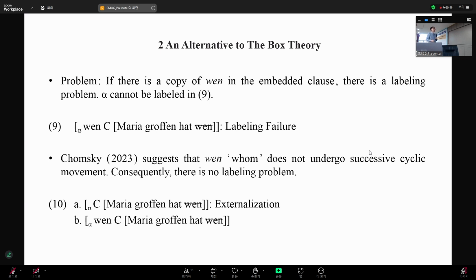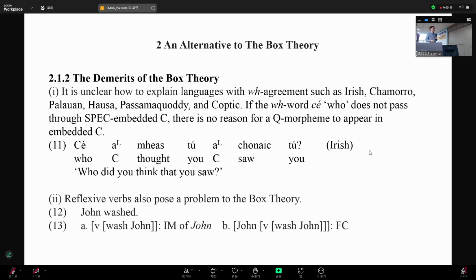Some suggest that "wen" was not the most successful cyclic movement. In fact, in (10a), there is no constituent "wen" in here, which means that alpha is CP. So we don't have to worry about the labeling problem.